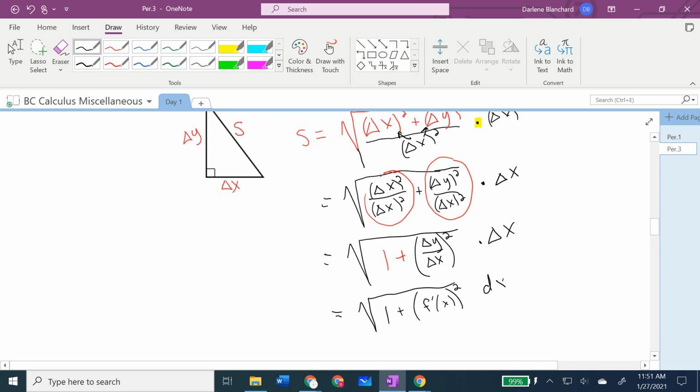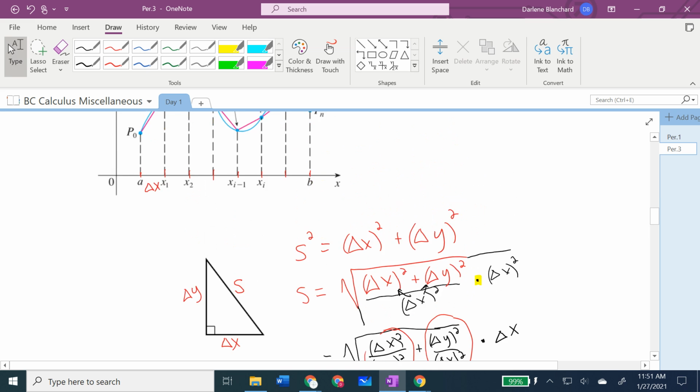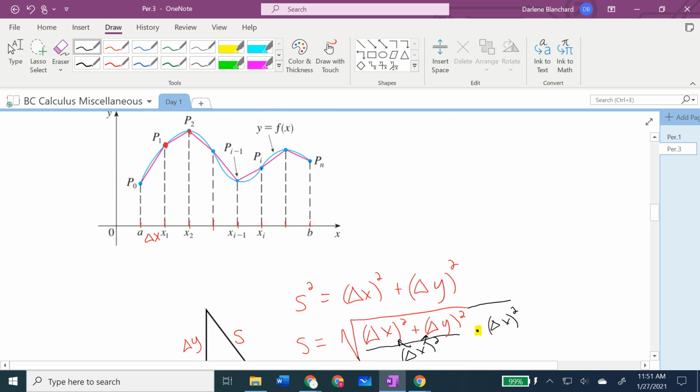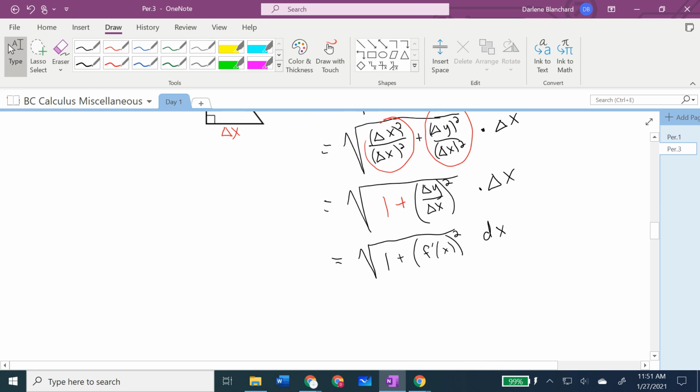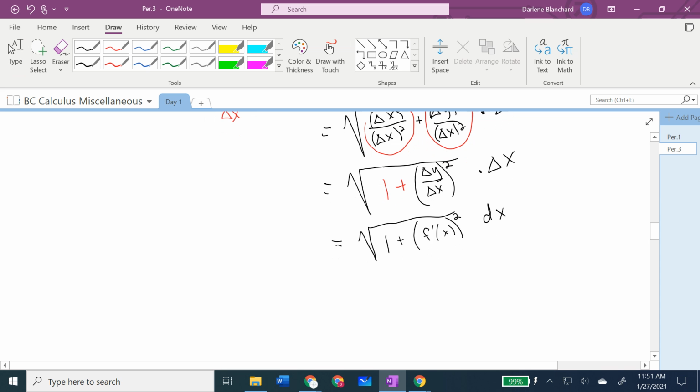And the delta x will become dx as I prepare to write that I'm going to add them. So that's how I find one of these distances. How do I add them all together? Integral.